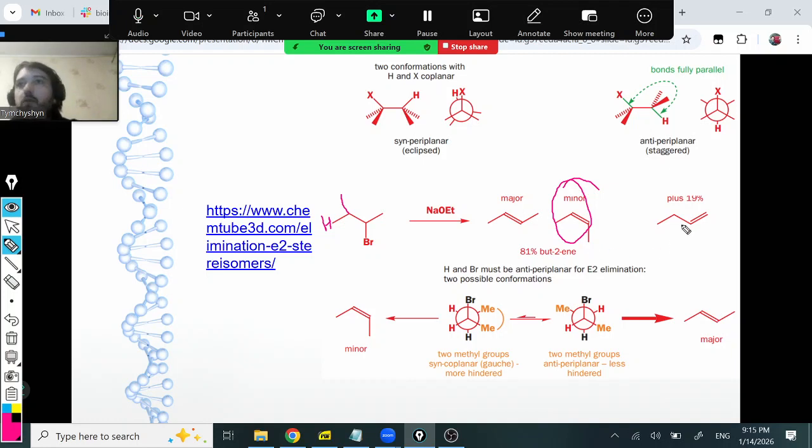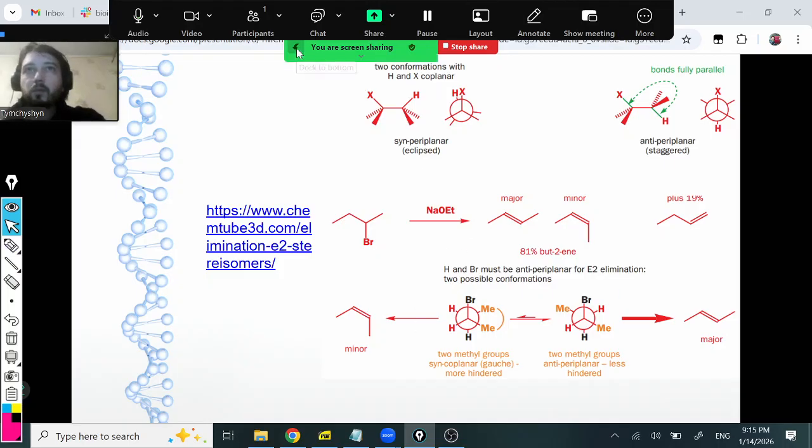So that's what we have, and here is some leftovers if you abstract a different proton. So the same is true here. So once again, minor product, major product, and here you can see these gauche and anti-periplanar conformations, and guess what happens.